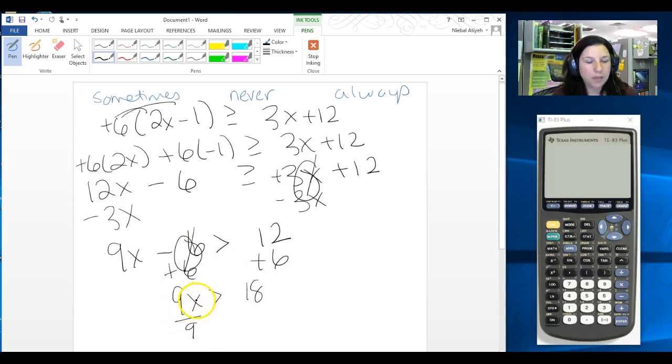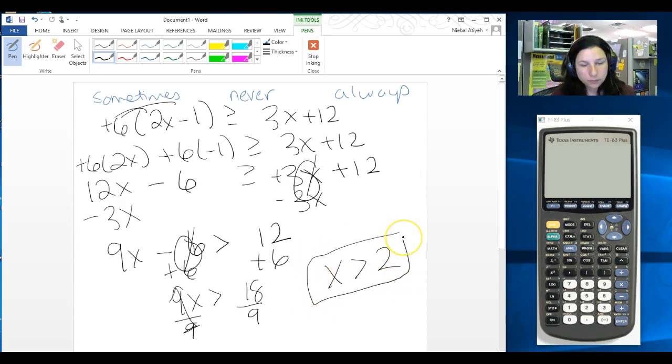This is 9 times x. To undo it, I divide, because 9 divided by 9 is just 1. And we get x is greater than 18 divided by 9, which is 2. Now, in this case, this is where we have our sometimes true. Sometimes it's going to depend on what our x value is going to be, so you need more information.